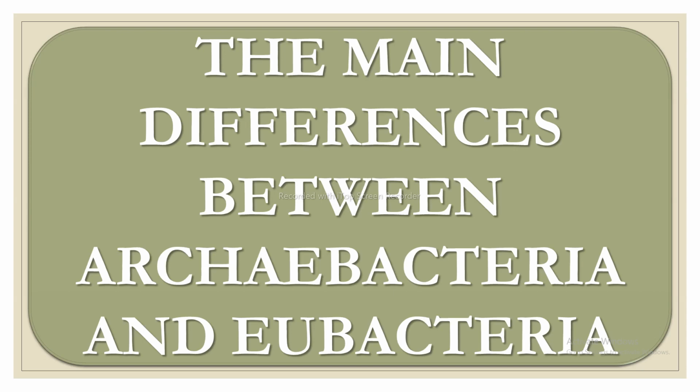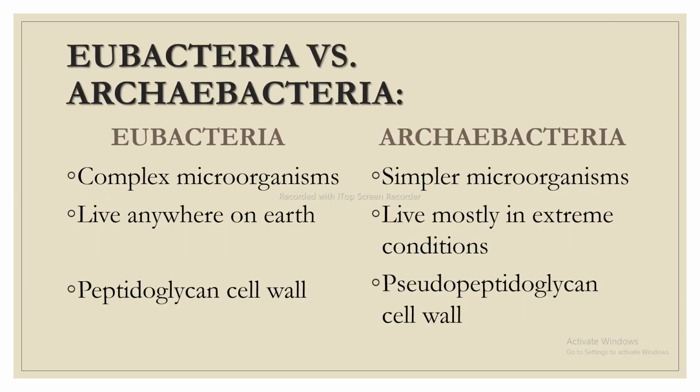Next I am going to discuss the main differences between Archaebacteria and Eubacteria. Eubacteria versus Archaebacteria. First I will discuss Eubacteria and then Archaebacteria. Eubacteria are complex microorganisms. Archaebacteria are simpler microorganisms. Eubacteria live anywhere on Earth, and Archaebacteria live mostly in extreme conditions.